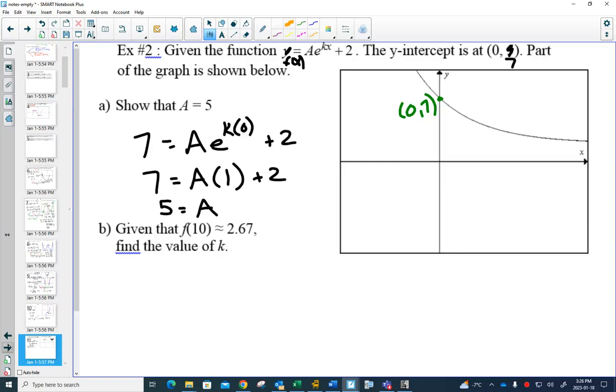So now, what could I do? I could say that I know that when x is 10, y is 2.67. So I have a, which I already figured out is 5, times e to the k times 10, plus 2. How would I go about solving this? I would probably use my calculator.